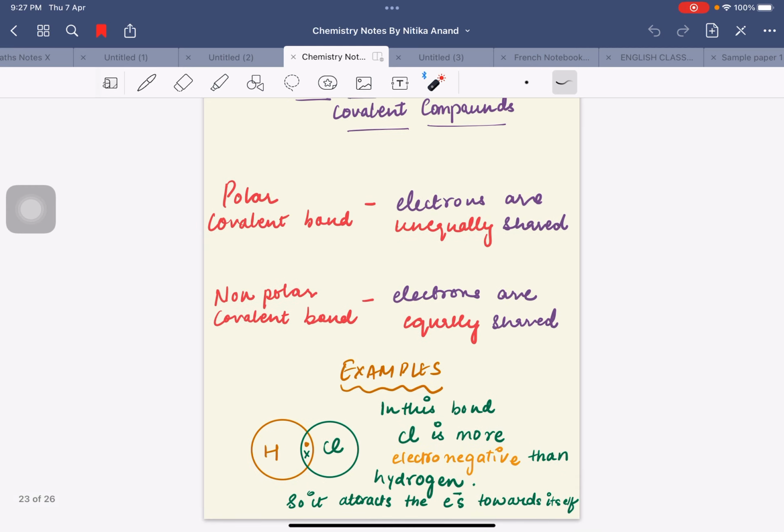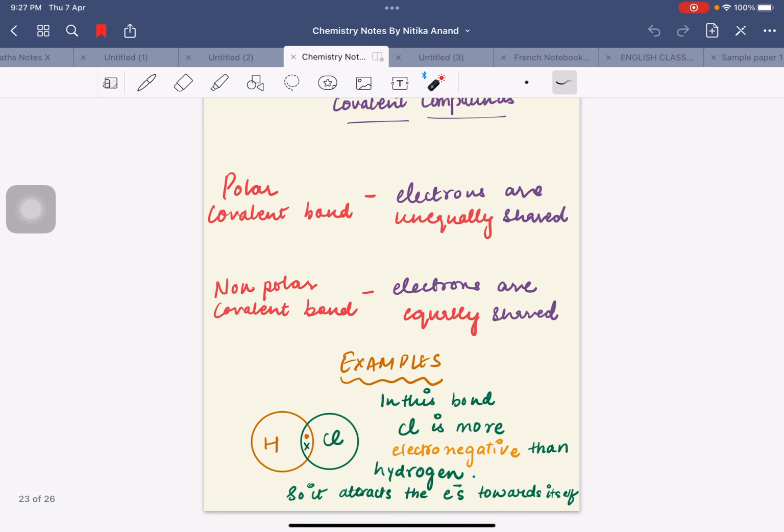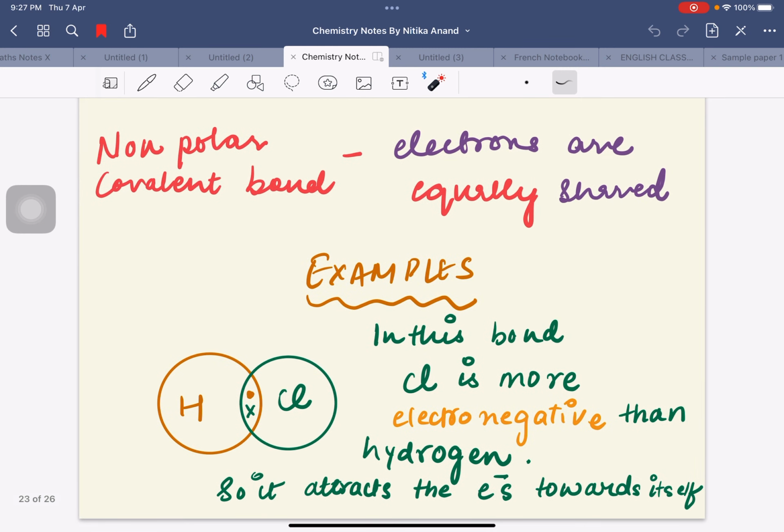Let's understand it through some examples. So here you can see it's a molecule of HCl where both the atoms are sharing one pair of electrons. Here chlorine is more electronegative than hydrogen, which means that its electron gaining capacity is more than that of hydrogen.